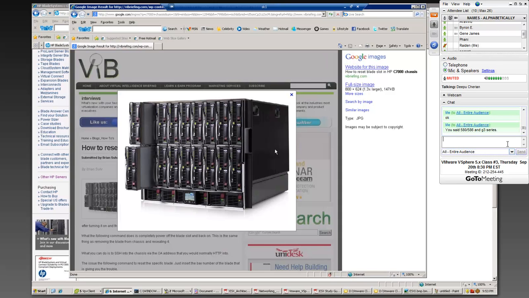Okay, so this is actually a fully loaded HP C7000 blade enclosure with blade servers inside. This saves a lot of space. You're talking about 16 servers in this particular box. This is very costly stuff. So this is called a whole blade enclosure.